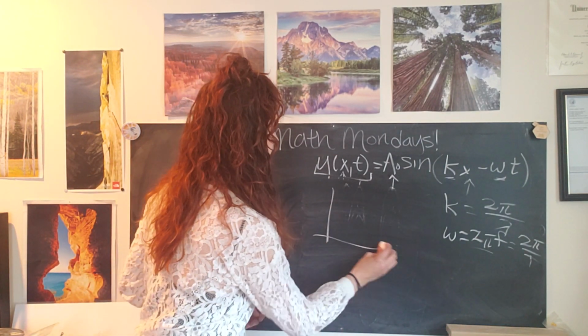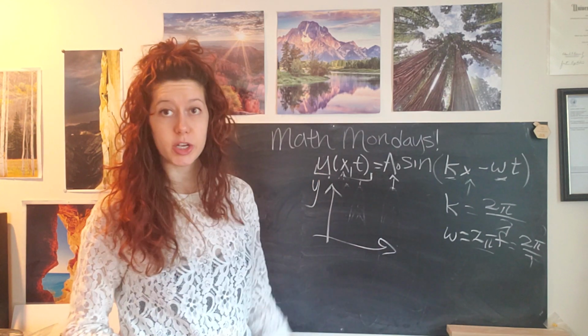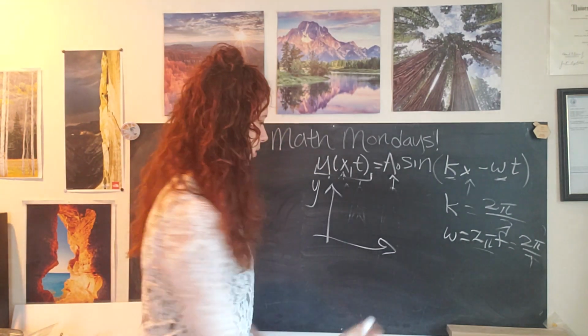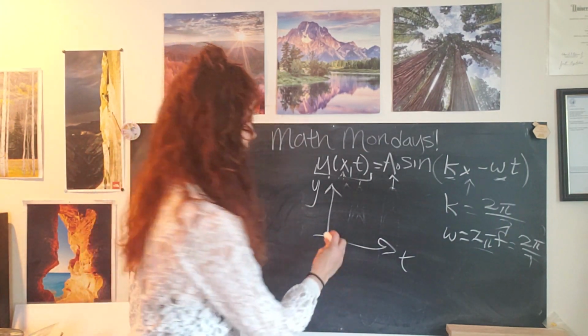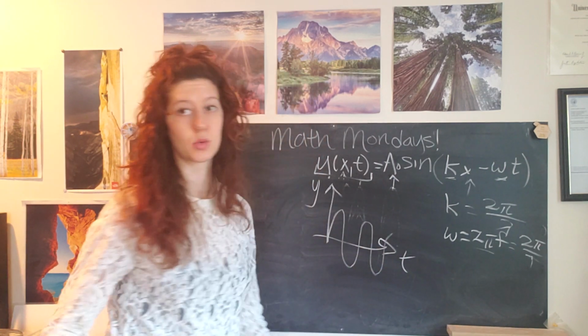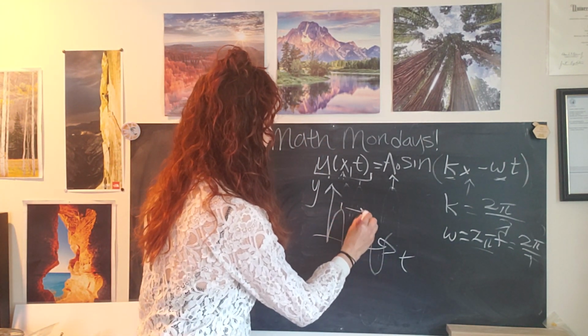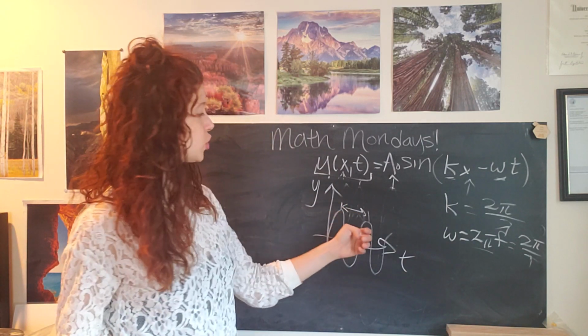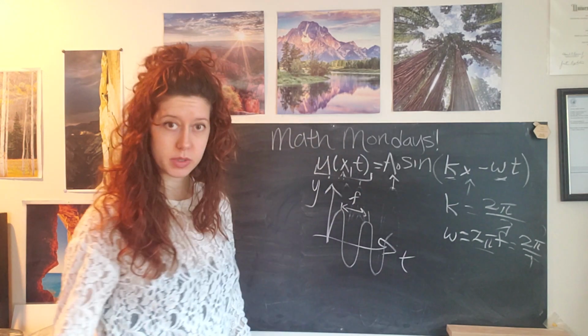If I were to draw my wave, I would have to change my axes to show you the frequency, because we want to plot it now in terms of time. It is going to look the same because waves are symmetric, but now the distance in time between two of the same point on the wave is the period.